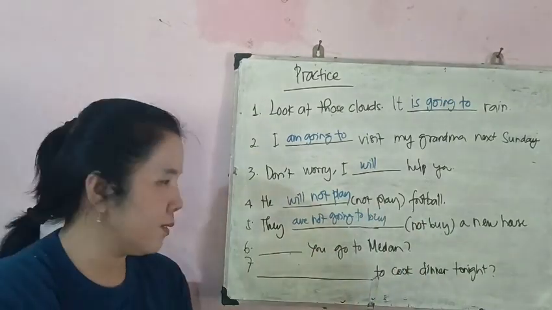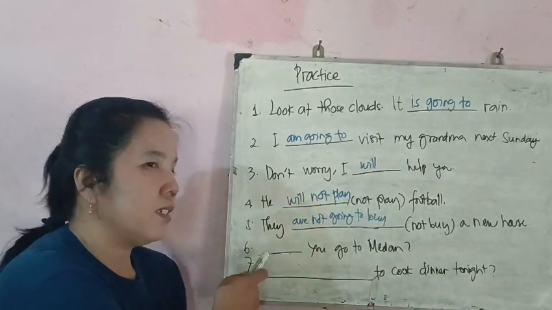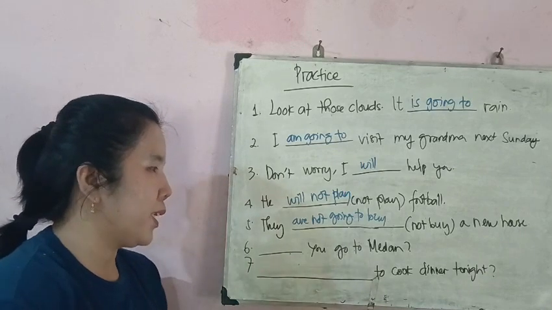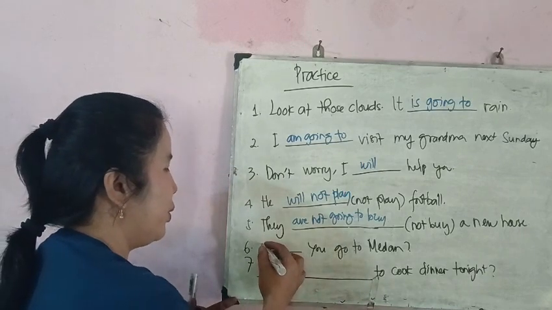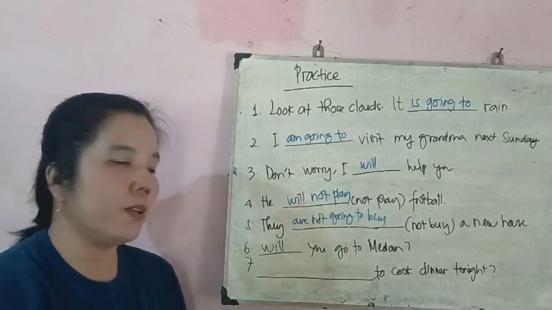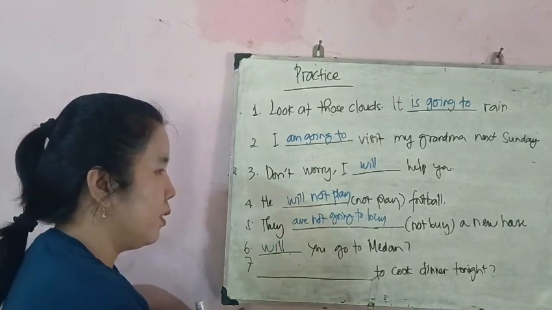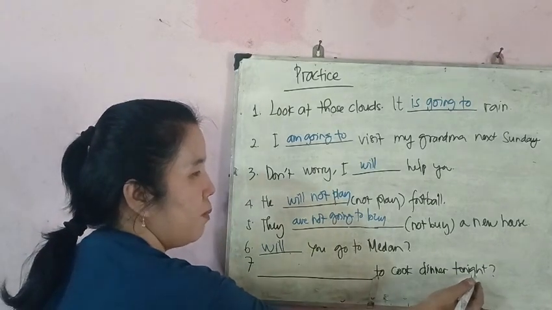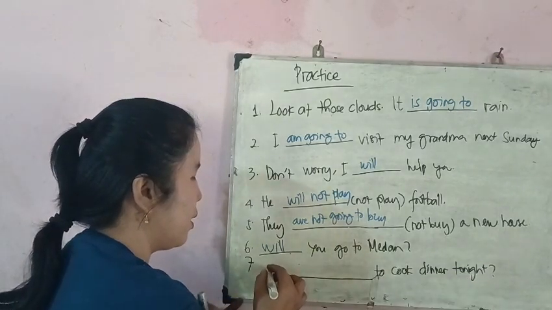Number 6. This is a question sentence. You go to Medan. What do we put here? Yeah, we use will. Will you go to Medan? Number 7. Yeah, because we have the time here, tonight, so we use be.